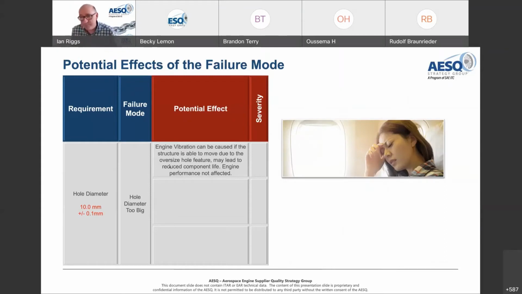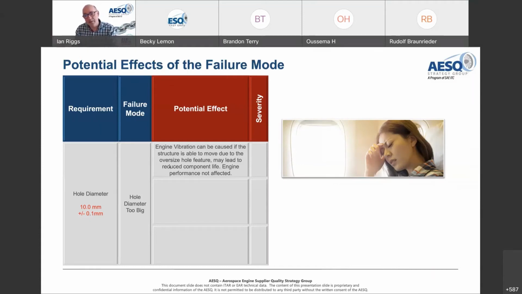So we're going to take this one as an example. We've got engine vibration. So the fact that this hole diameter is too big, let's say it's a bracket or something on an engine, allows the structure to move over time. As the engine accrues more hours, that might lead to wear.